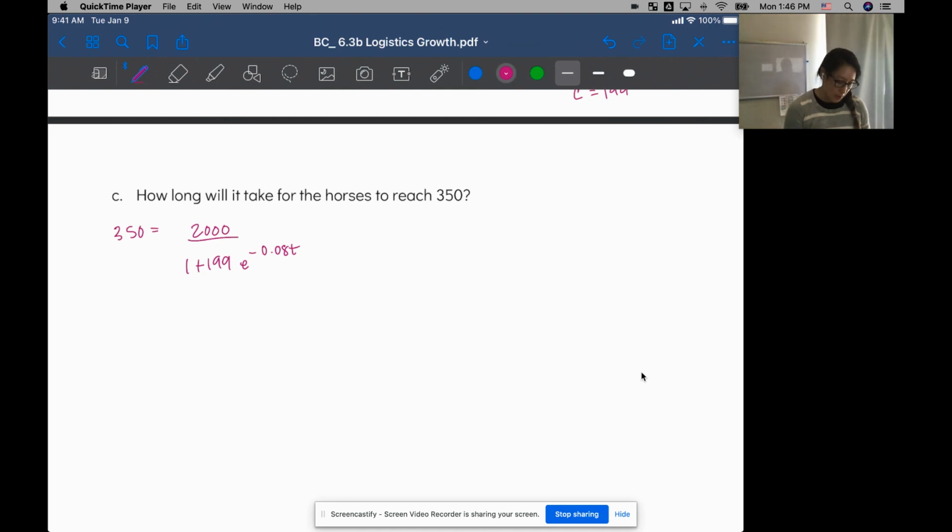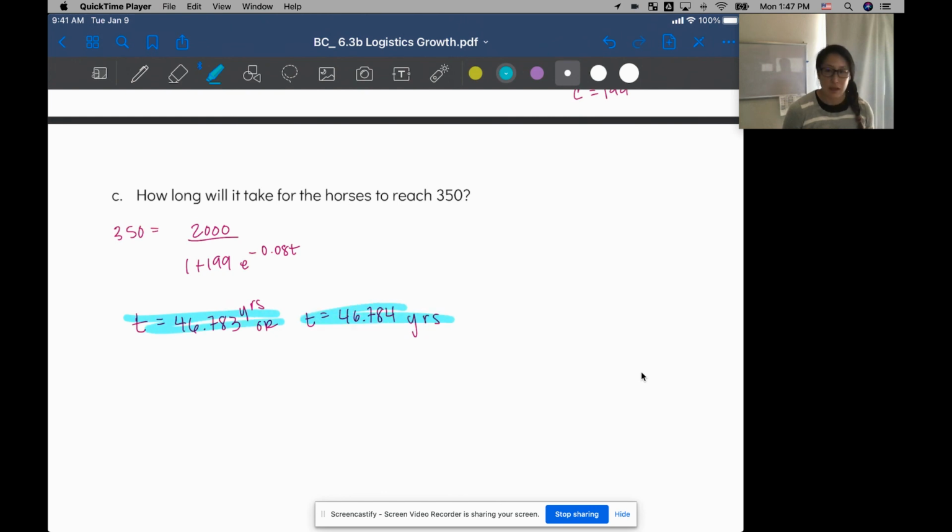I looked for the intersection, and I got t is equal to 46.783, or t is equal to 46.784 years. Oh, the first one's truncated, the second one is rounded. And that is it.